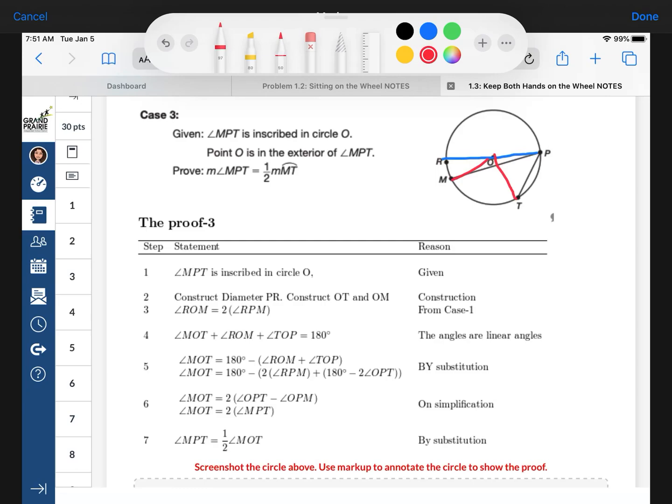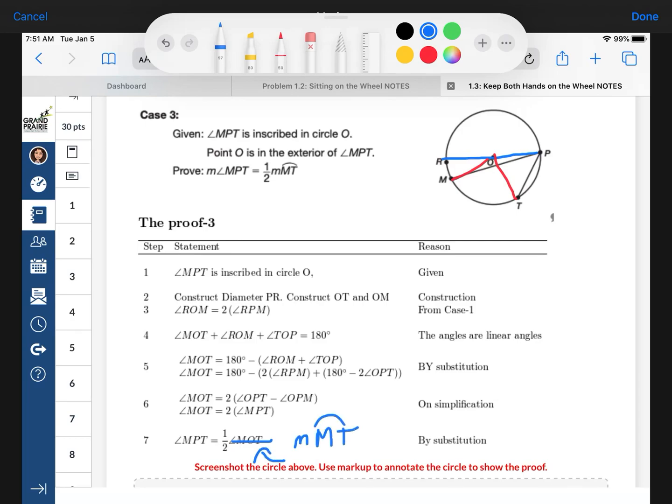When we look at this, it's telling us that the measure of angle MOT is equal to twice the measure of MPT. And knowing this, we can therefore state that the inscribed angle MPT is equal to half of the measure, and this is a typo, what we're trying to find is the measure of the arc here.